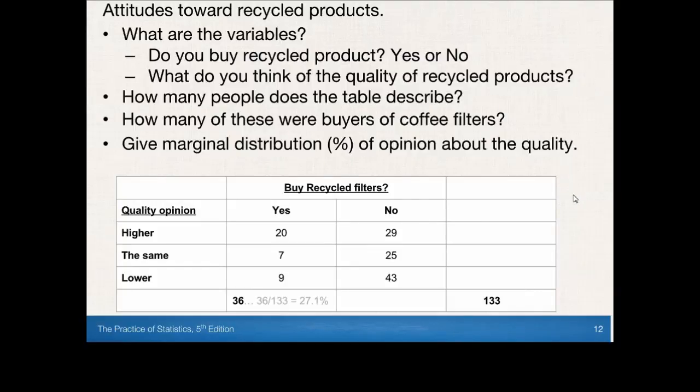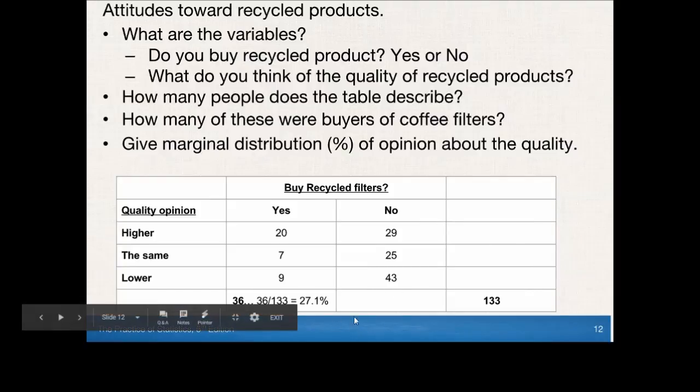Okay, so now we're going to look at this in a different order than what's being asked. But if we want to calculate the percentage of people that bought recycled filters, then we take the 36 divided by the 133, and then we add these up. We get 97.